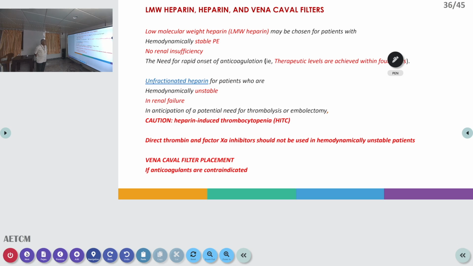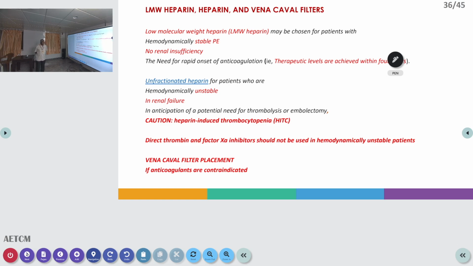As far as selecting the unfractionated heparin, the caution is heparin-induced thrombocytopenia. And the most important thing you should remember is direct thrombin or factor 10A inhibitors should not be used in a hemodynamically unstable patient.